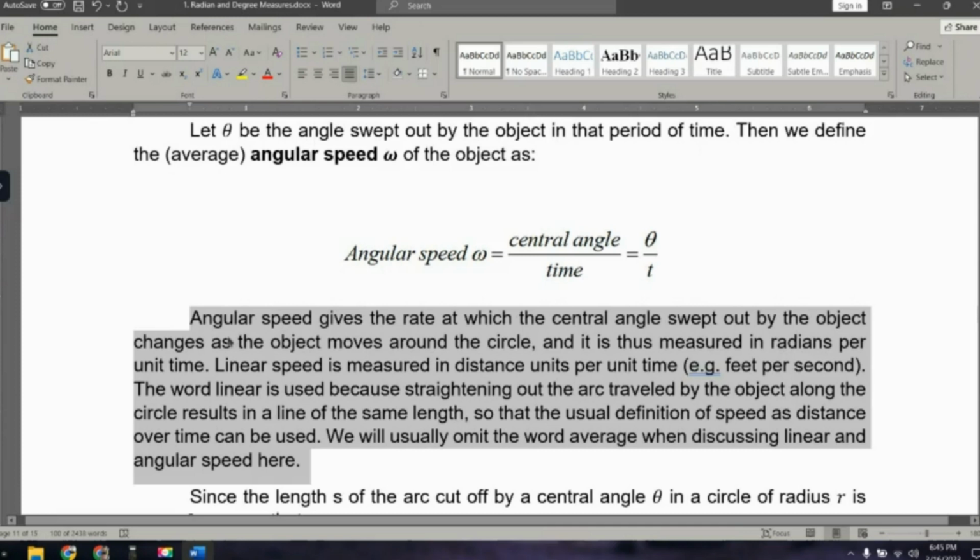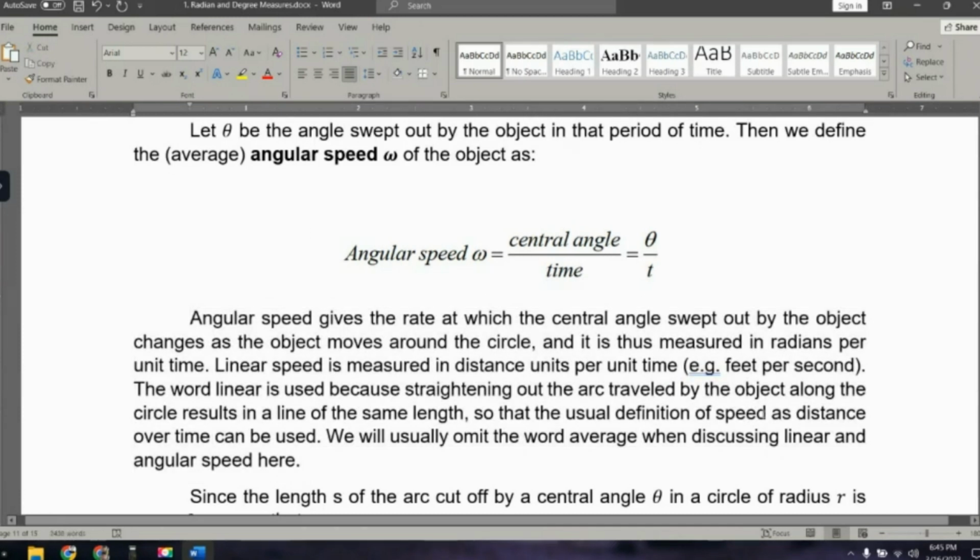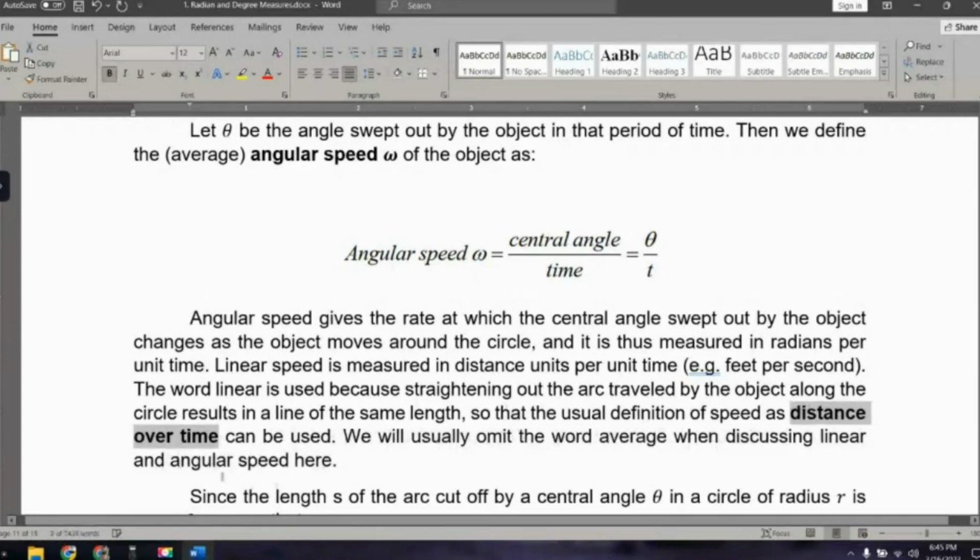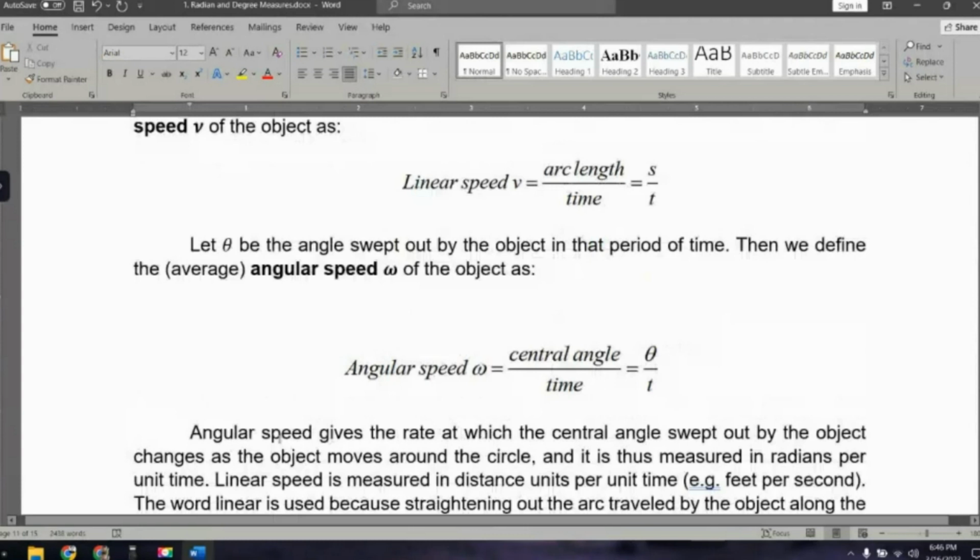Yung typical definition natin sa physics, no, ng speed, distance over time. We will usually omit the word average when discussing linear and angular speed. Okay? Tatanggalin lang natin. Instead of saying average linear speed and average angular speed, we can just drop the term average.